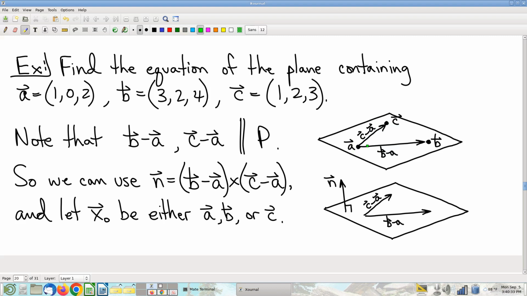But if you want to do C minus A and B minus C, that's cool. Whatever. Or if you want to pick that as your base point and do A minus C and B minus C, it's all good. Yeah. Okay. Anybody else?